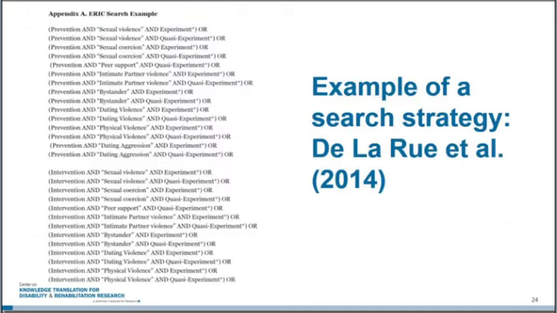My next slide, which will be hard for you to see, is an example of one piece of a search strategy that we used in a review on teen dating violence prevention programs for high school students, available on the Campbell Collaboration website.